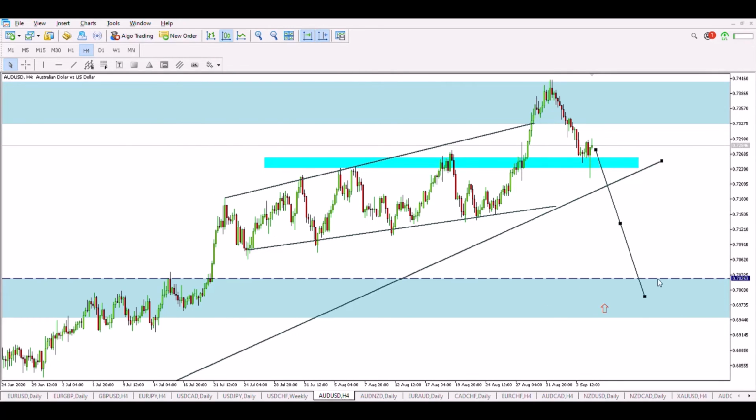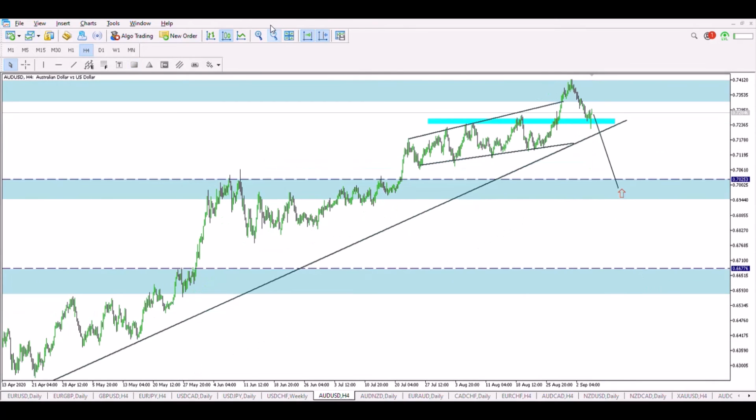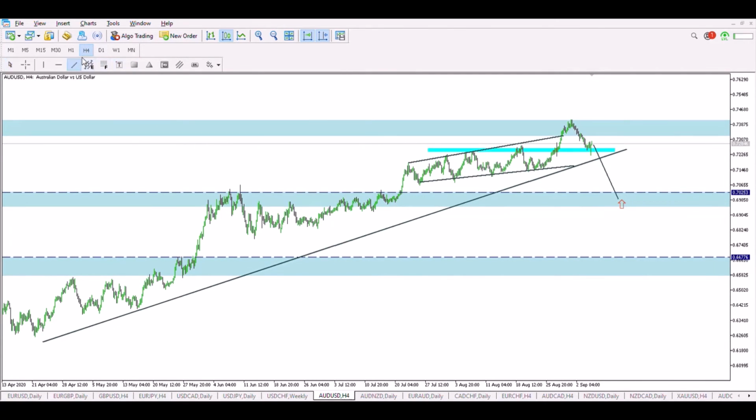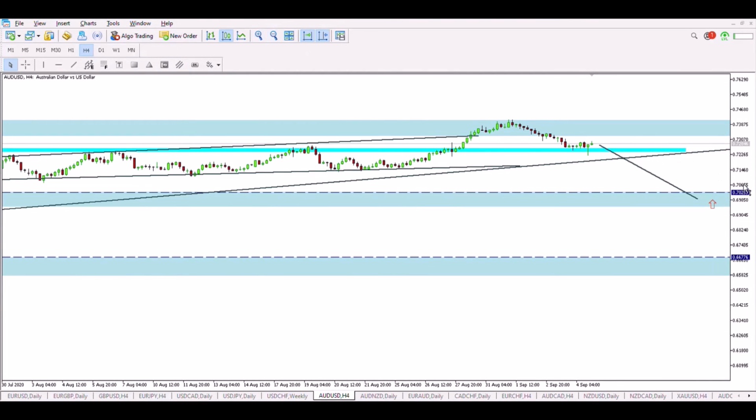So this is a good demand area where we can expect bullish signals and bullish opportunities. So this is everything for this pair, guys. Of course we can continue with the trend and break this resistance zone and head higher, but we have to watch and observe the market, because not we, but the market decides. So let's get the money.